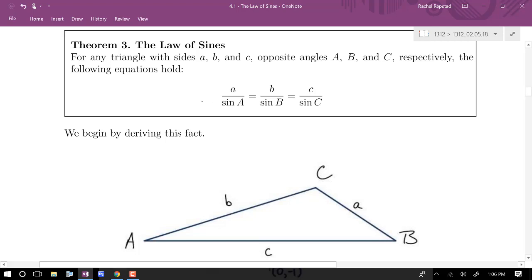And that's what this set of equations tells us. We're going to begin just by deriving this fact. We can do it using some geometry and SOHCAHTOA, mostly.